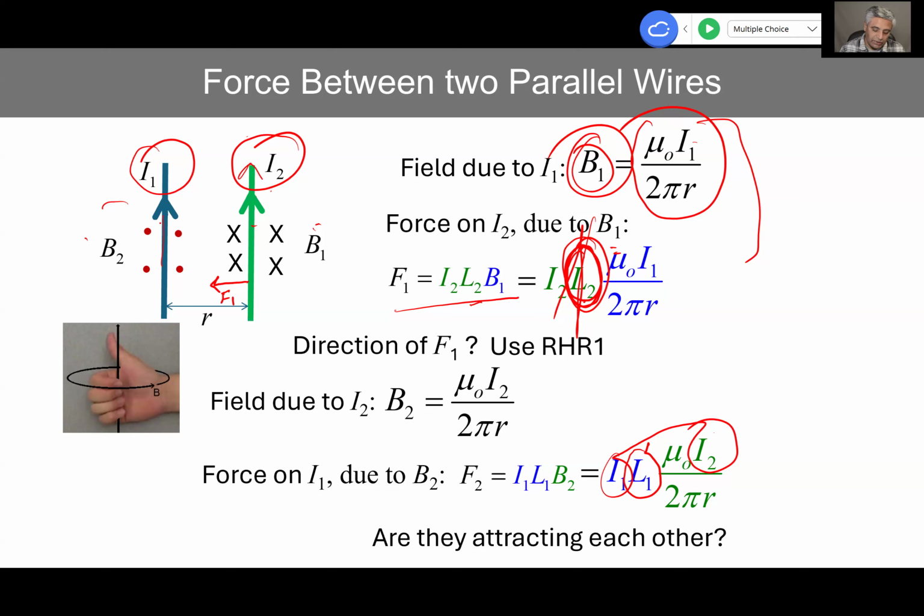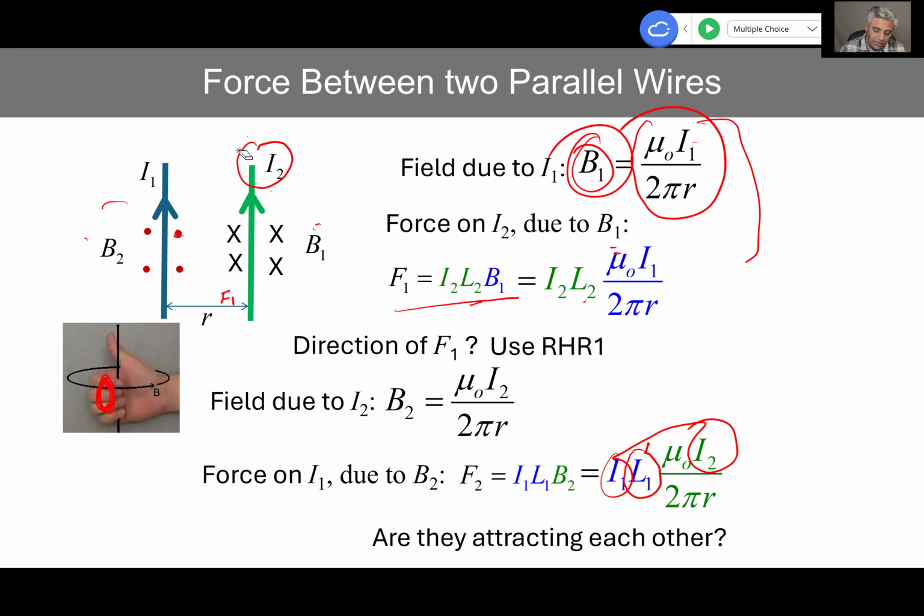And the field B2, see, this is the wire, and we are looking at this side. On this side, these fingertips are coming out of the wire. So the field is dotted on this side of the wire and crosses on that side. I'm just talking about the field due to current I2, which I denote by B2.